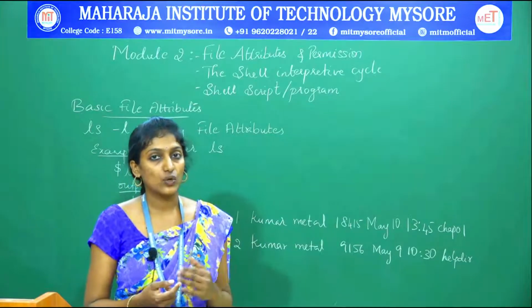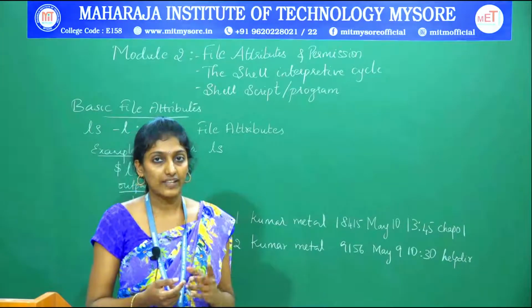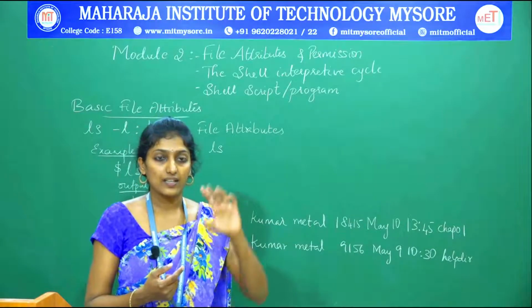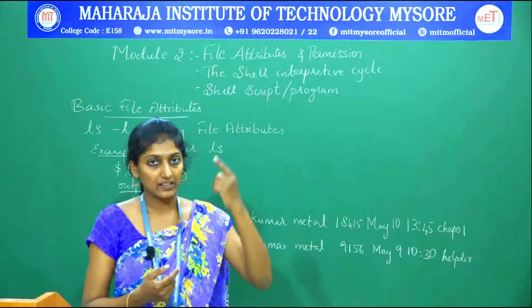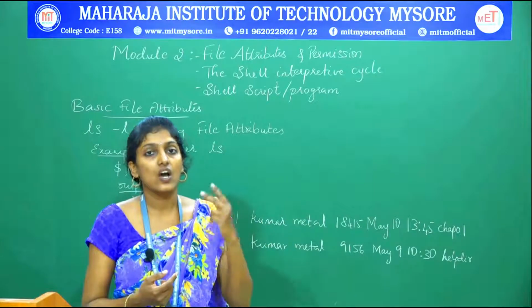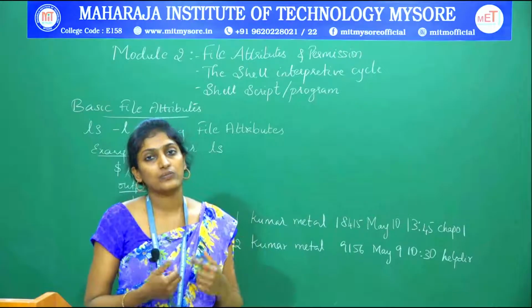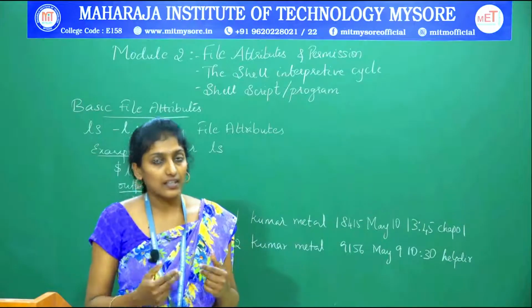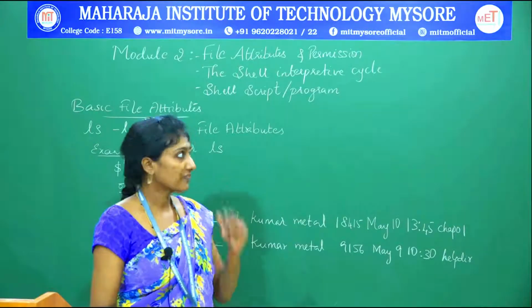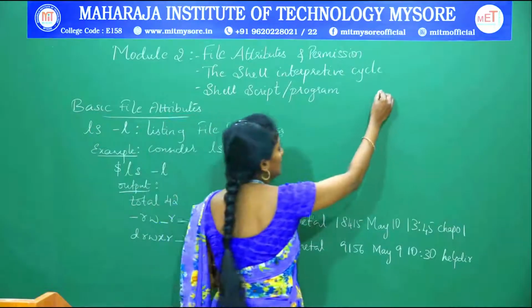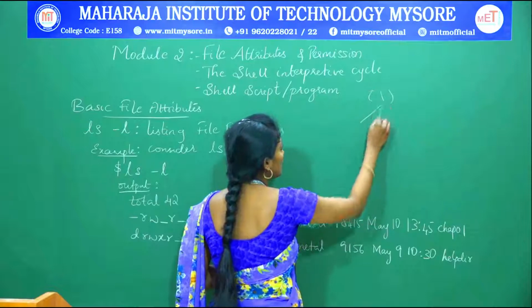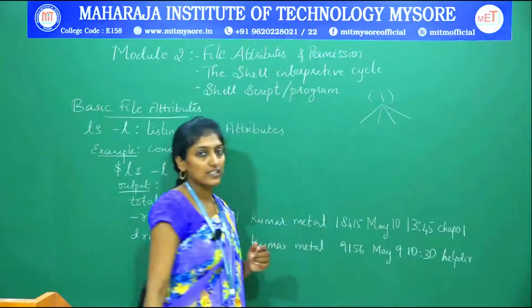So how are the files organized? In the Unix file system there is always one particular directory, that is the root directory. Under that all your categories of files will be saved or defined. If I have a root node like this, under it I will have different categories of files.